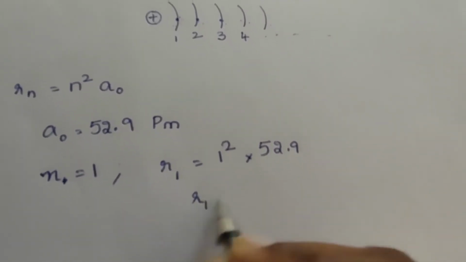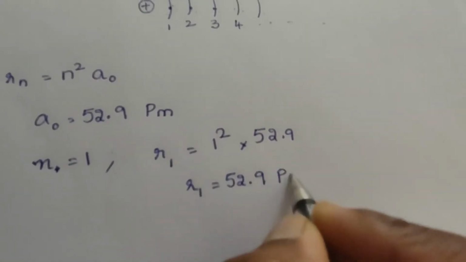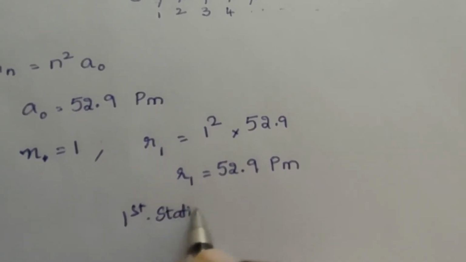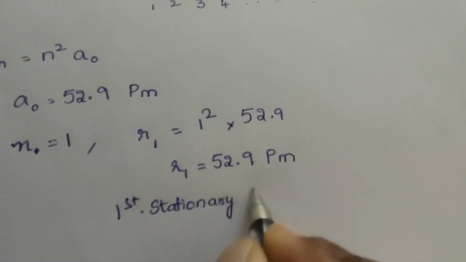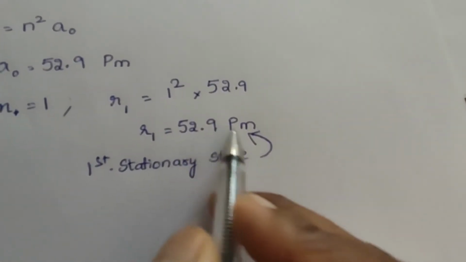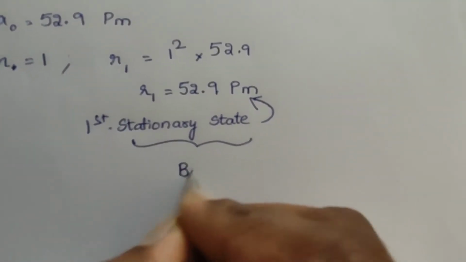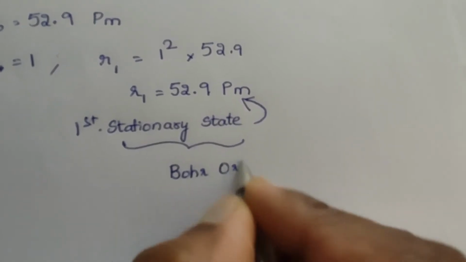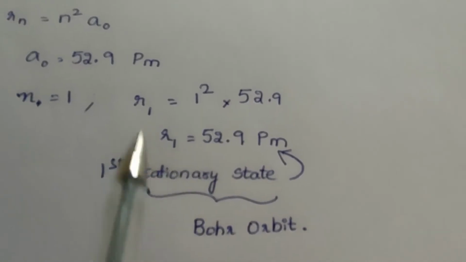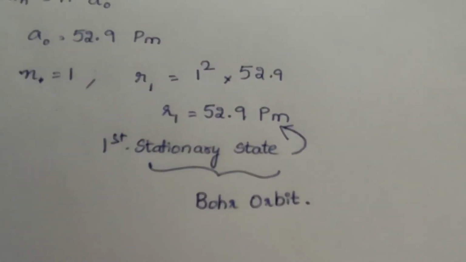So the radius of the first stationary state is equal to 52.9 picometers. This first stationary state is called Bohr orbit.